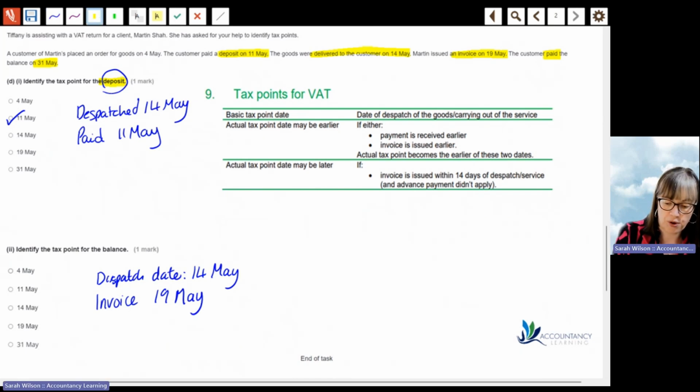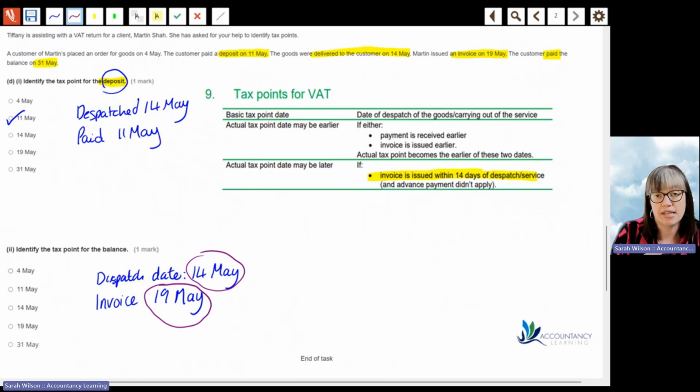Now, the thing to look out for here is the actual tax point date may be later than the dispatch date if the invoice is issued within 14 days of dispatch or the service being provided. Because our dispatch is the 14th of May and we issue on the 19th of May, the tax point for the balance is going to be the 19th of May because it's been issued within 14 days of dispatch or service.